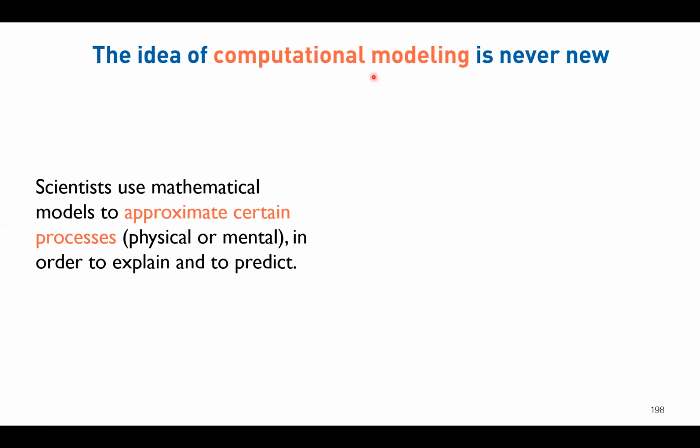For computational models, the simple concept is that scientists would like to use mathematical models to approximate certain processes. This process in history can be physical, and nowadays it can be a mental or cognitive process. And the goal is always to explain and then to predict.